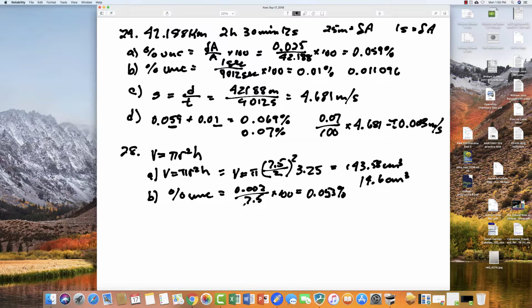And then the second one is 0.001 divided by 3.25 times 100, and that's going to be equal to 0.031%. If you add those two percentages together, you get 0.084% as the total uncertainty.